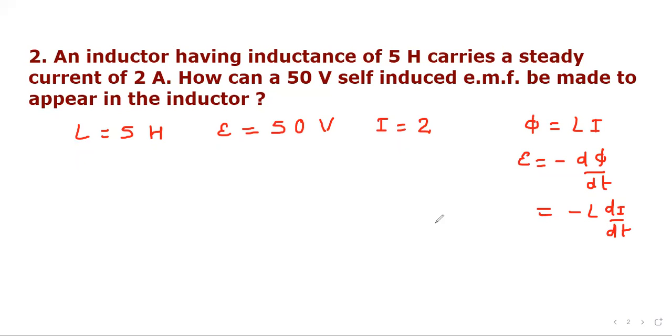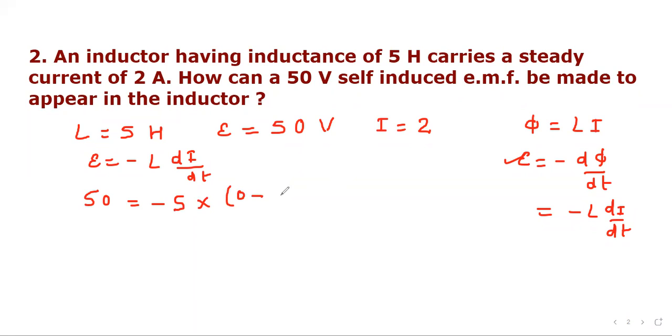So we can put the values here. We are writing this formula: E equal to minus L di by dt. So here 50 equals, L is 5 Henry. Di means I2 minus I1.